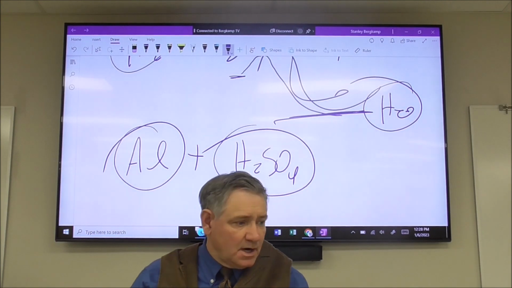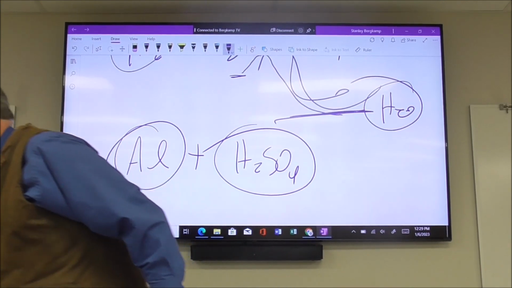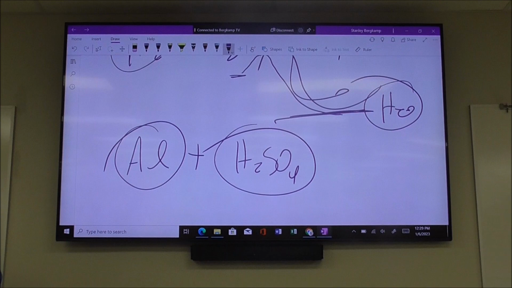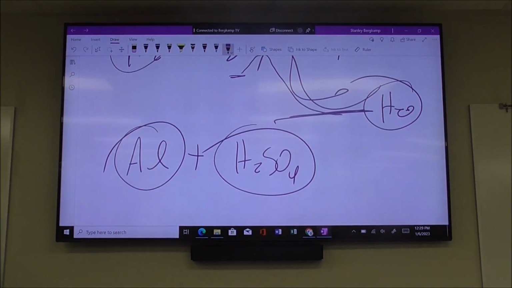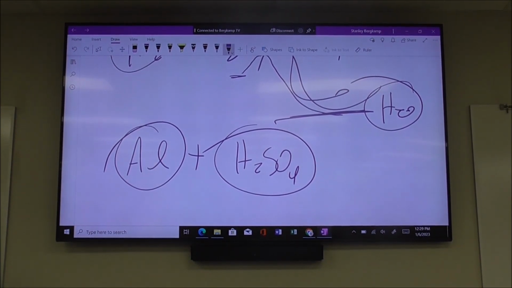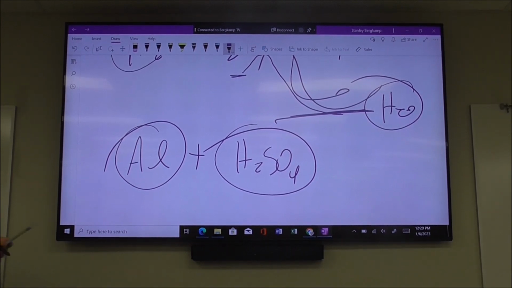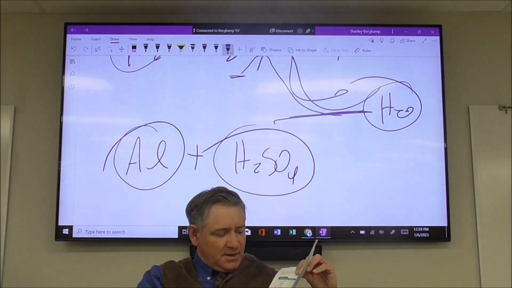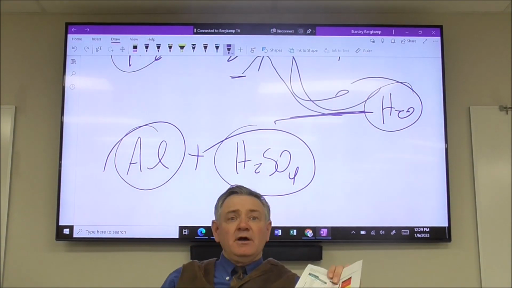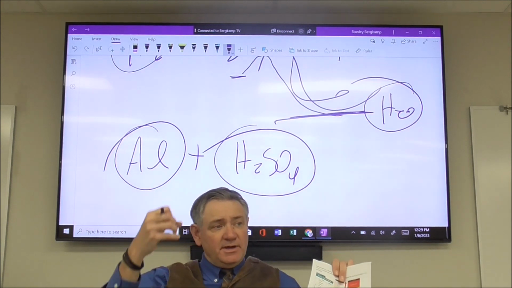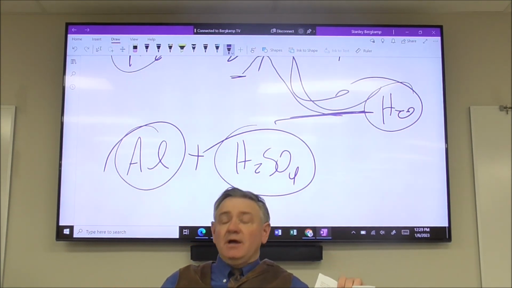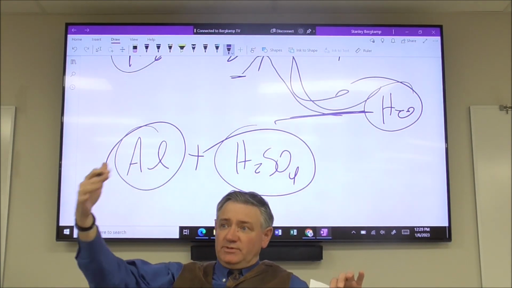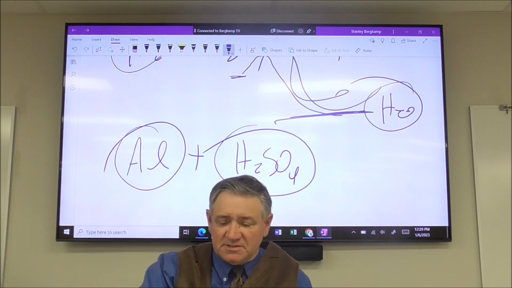If you look on the back side of this, you'll notice that aluminum is up here, above hydrogen. That means aluminum is more reactive than hydrogen. This is going to lead into a discussion of redox. This is one of the questions.